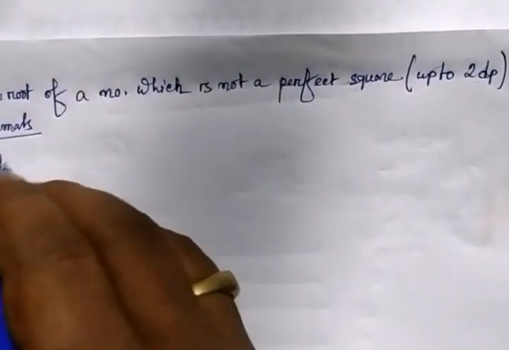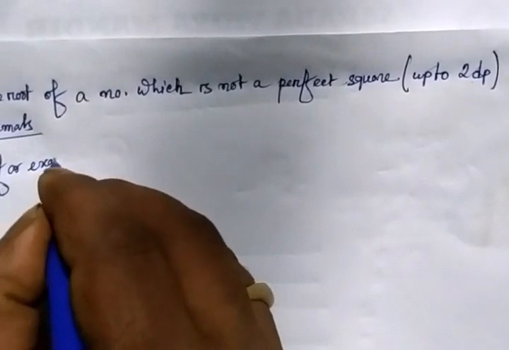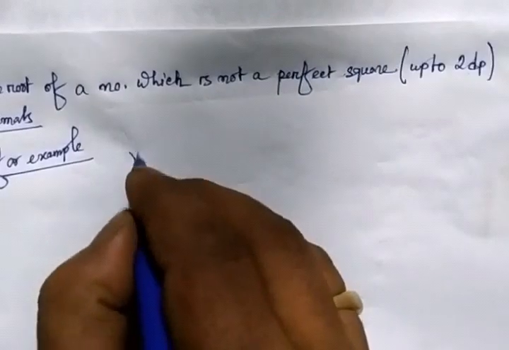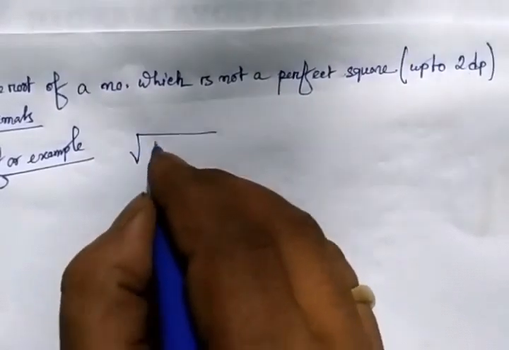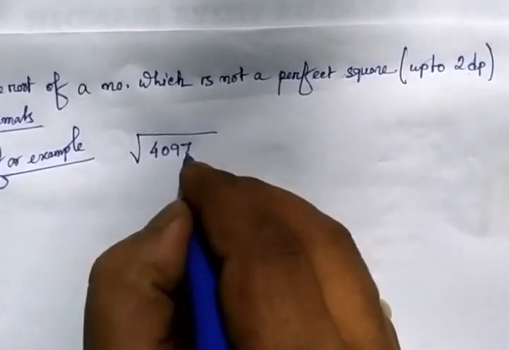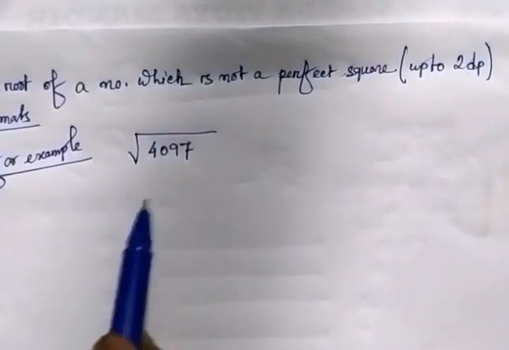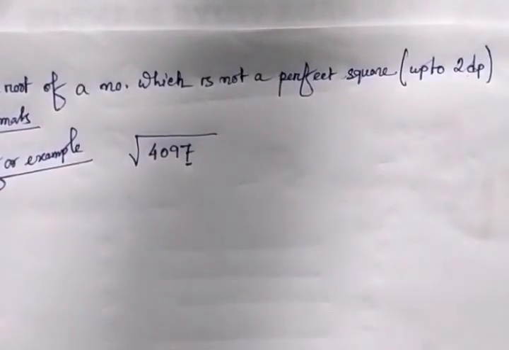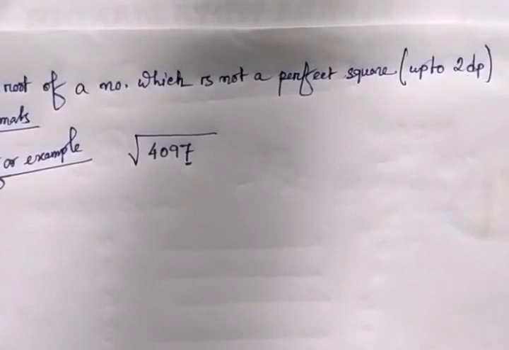For example, we find the square root of 4097. 4097 is not a perfect square number because there is 7 in the unit place. So directly we can say that 4097 is not a perfect square number. We find the square root of 4097 by the division method.